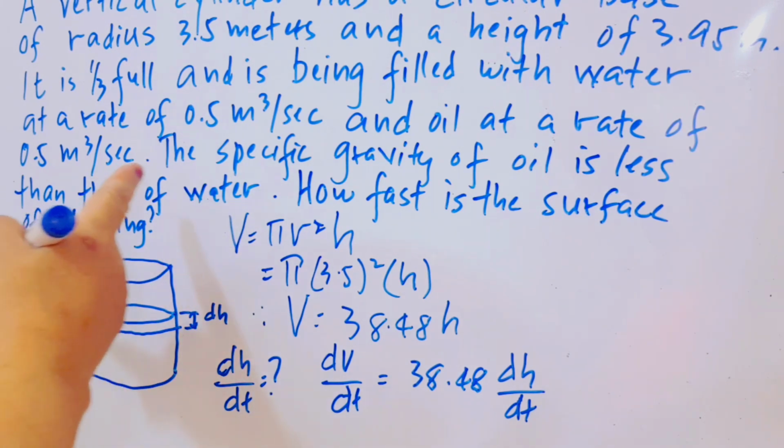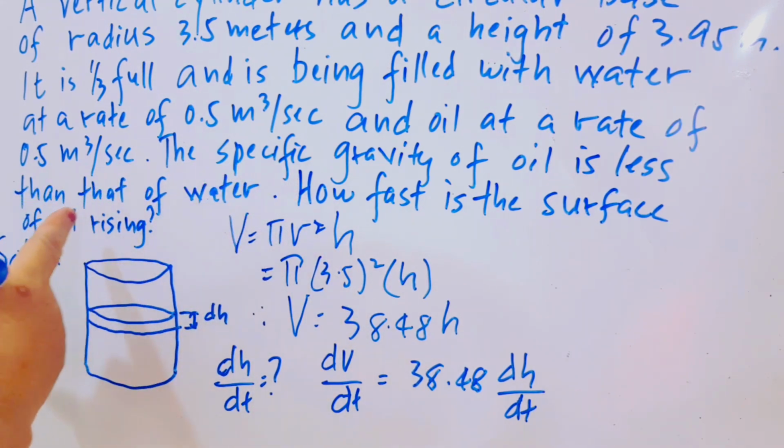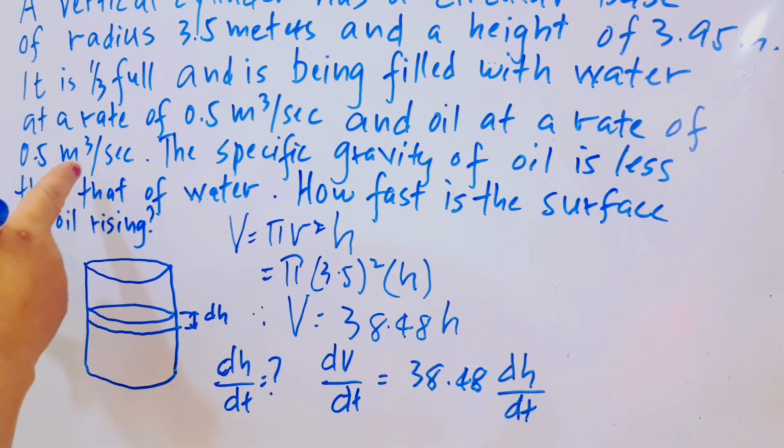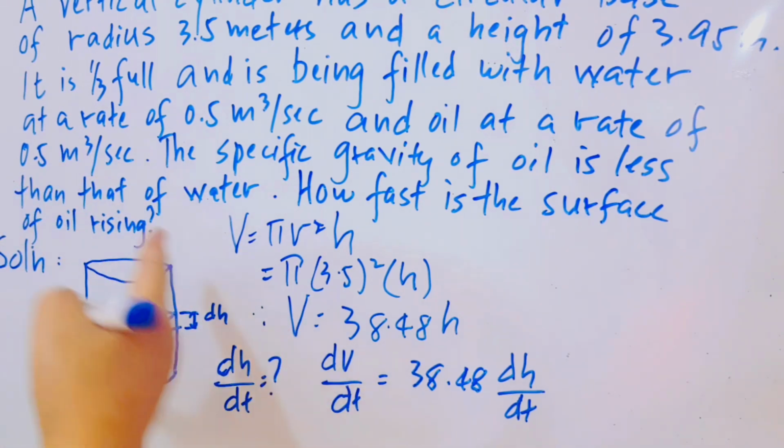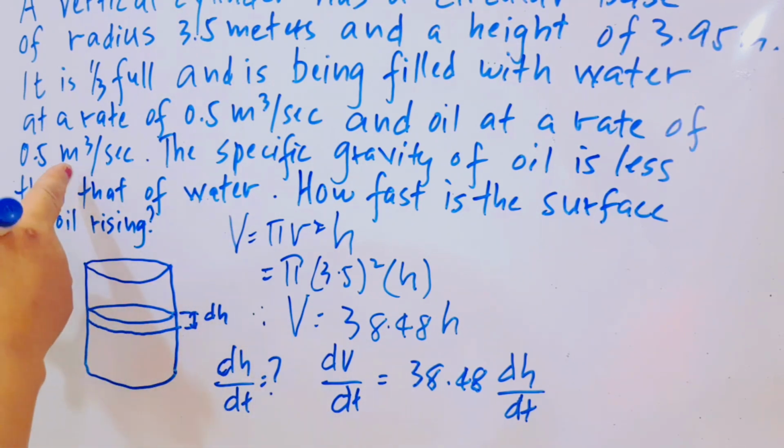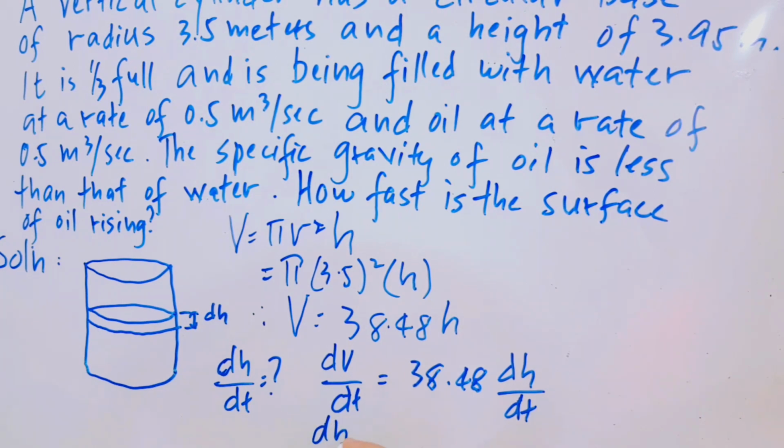Now, since we have the rate of the oil, which is equal to 0.5 meter cube per second, we can substitute this on dV/dt, the 0.5. So dh/dt is equal to dV/dt, which is 0.5 meter cube per second, divided by 38.48.